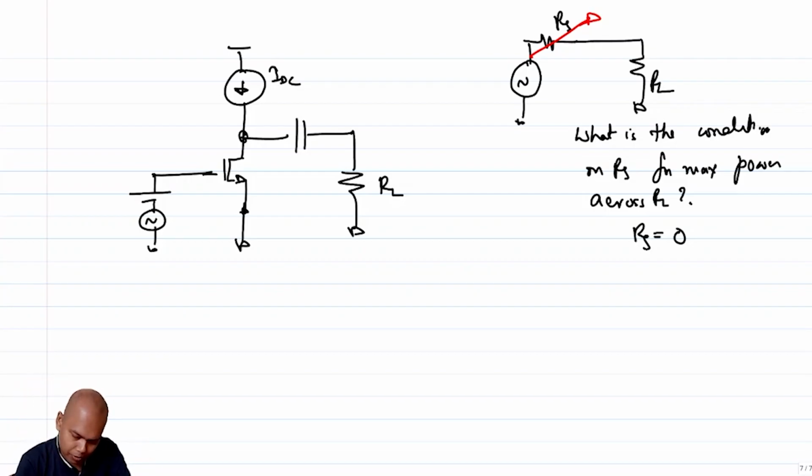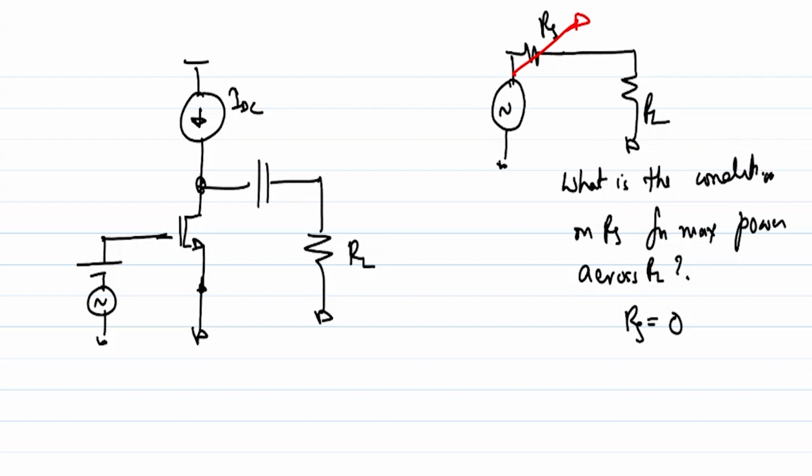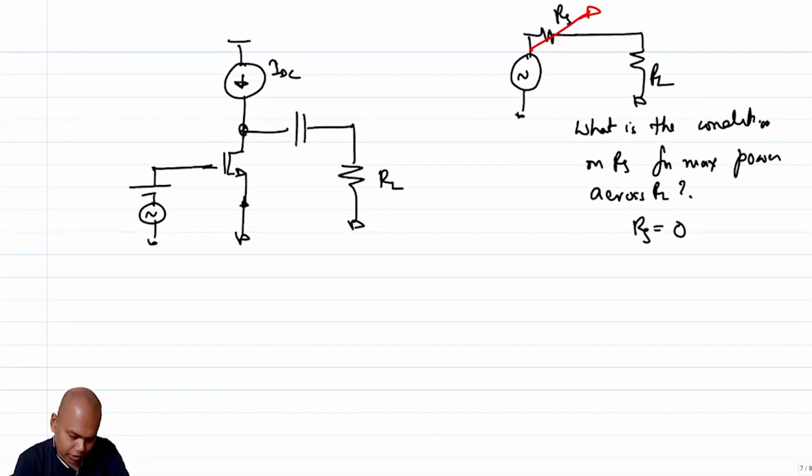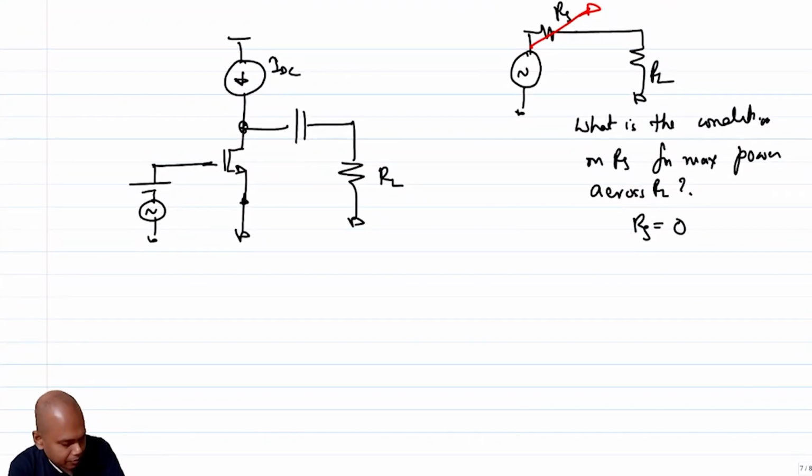Okay, so now let's proceed with whatever we were discussing. Now the condition is we would like to ensure that the maximum power gets delivered to RL. Under which condition is the maximum power getting delivered? Obviously we understand that the input is swinging, which means that the output is also swinging.